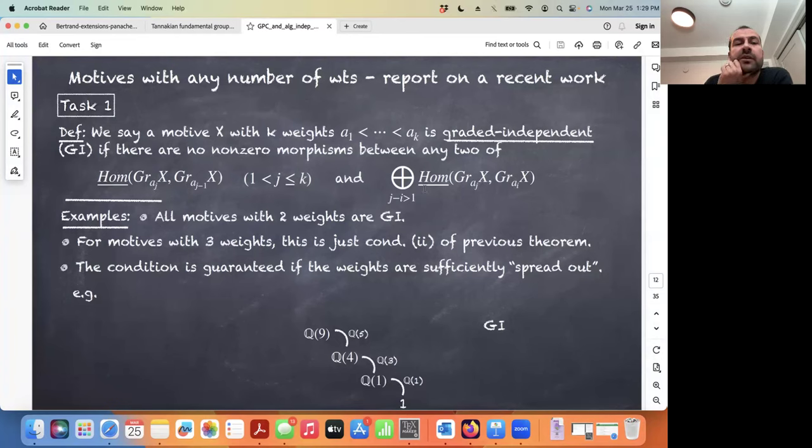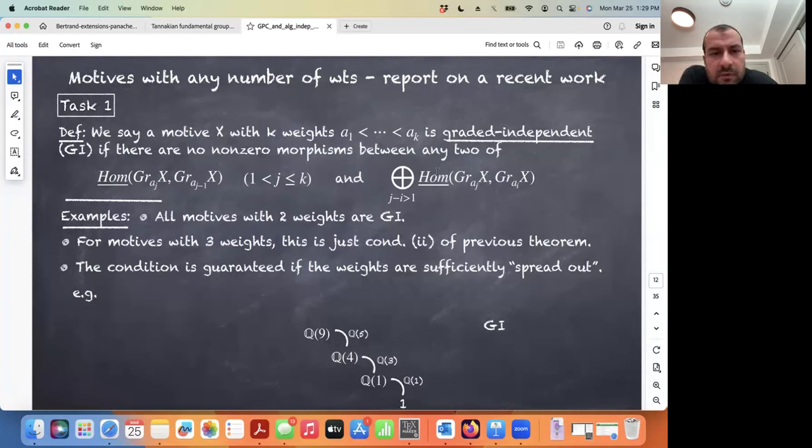And then I'm looking at the internal Homs between the graded pieces when they're not consecutive, and always I'm going down in weights here and here. So those are for the consecutive ones, and this is for everything else, like the sum of everything else. And my definition for X to be graded independent means that for these K motives, there are no non-zero morphisms between any two of them.